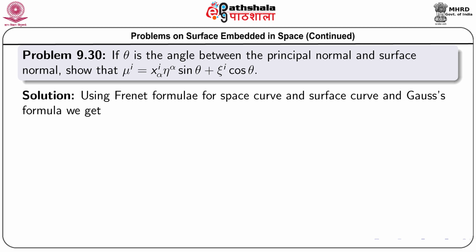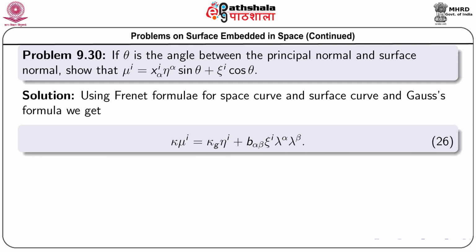So, using Frenet formulae for space curve and surface curve, and using the Gauss formula, we get this relation: kappa mu I equals kappa g eta I plus b alpha beta xi I lambda alpha lambda beta.